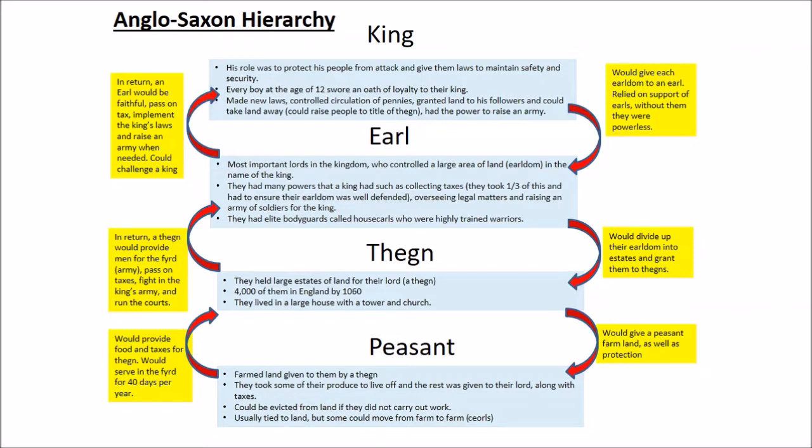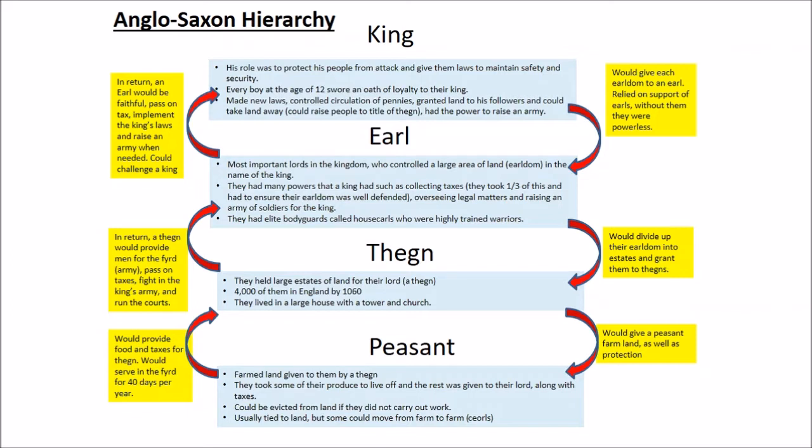Okay, so everyone in this system knew their status, they knew what was expected of them. Okay, now a person's status could actually increase in this system if they paid for it. So at the very bottom, you had peasants, for example. Well, peasants could actually become thanes. I mean, highly unlikely, but it could sometimes happen.